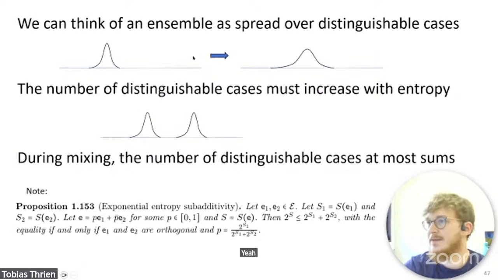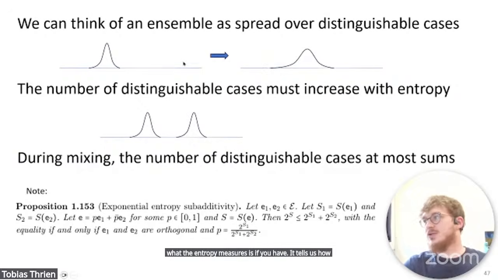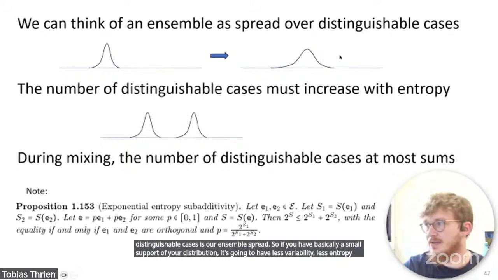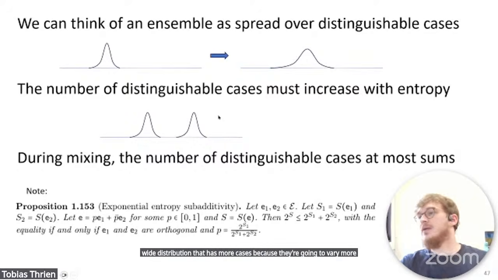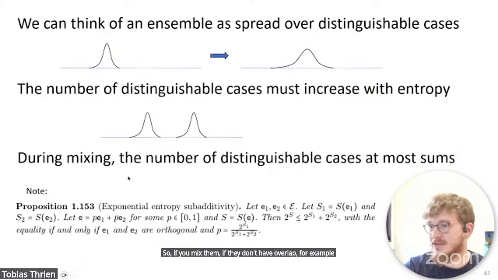What the entropy measures tells us is over how many distinguishable cases our ensemble is spread. If you have a small support of your distribution, it's going to have less variability, less entropy than a wide distribution that has more cases because they're going to vary more. If you mix them, if they don't have overlap, for example, if they're orthogonal, it must increase.